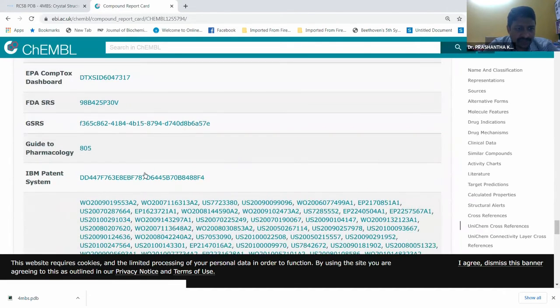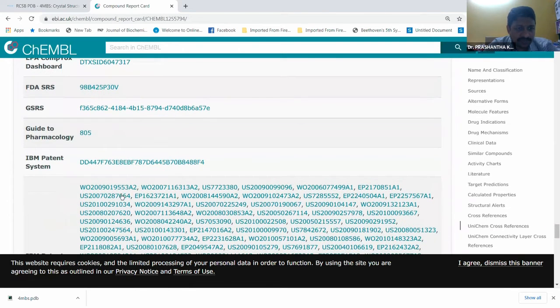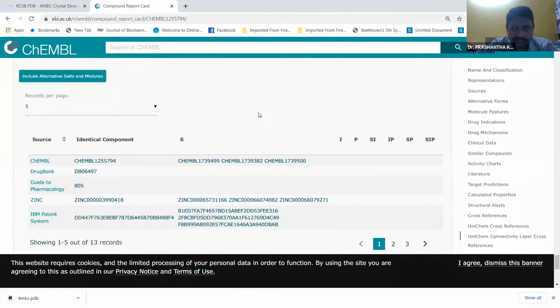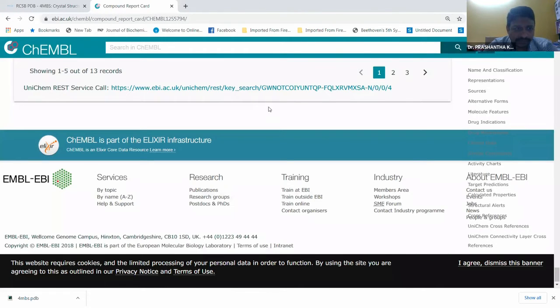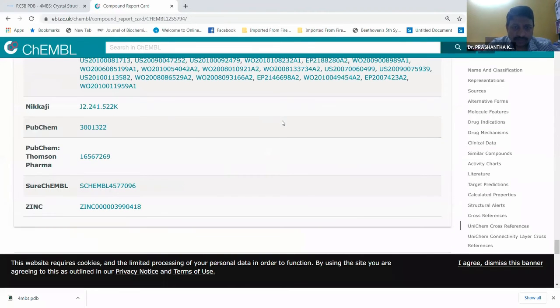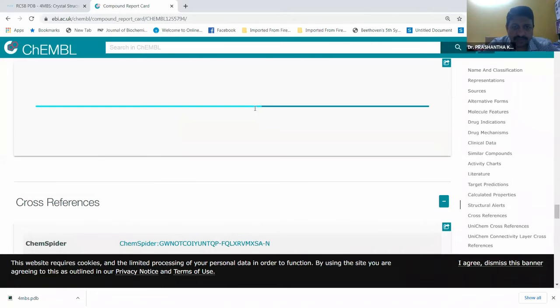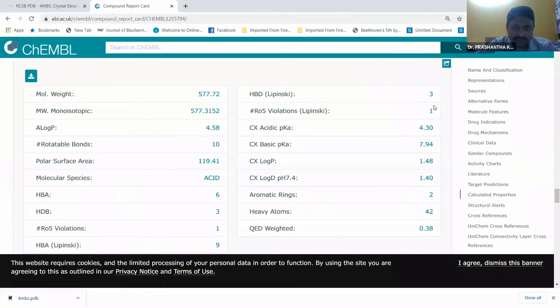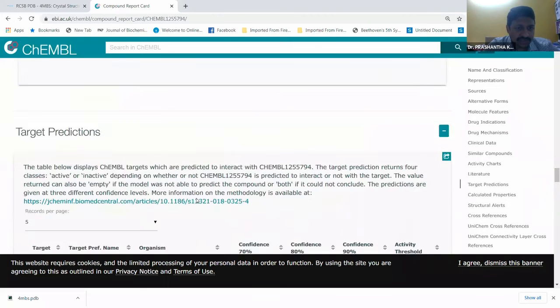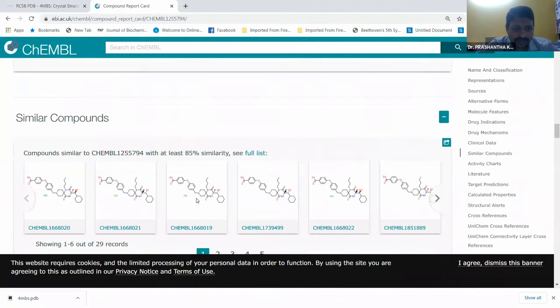Cross references to other databases, PubChem, ZINC. Lipinski rules: that is one violation, because the molecular weight is 577, which is higher than 500. So that is one of the violations.